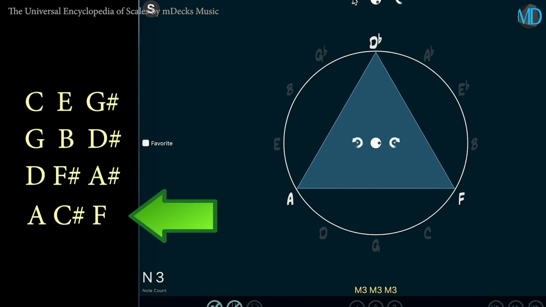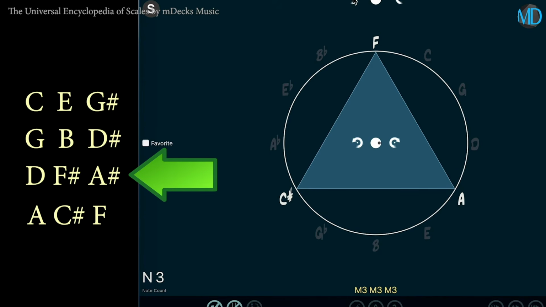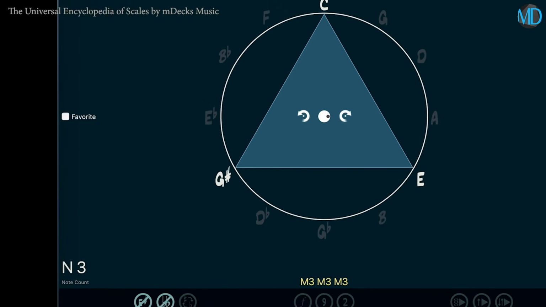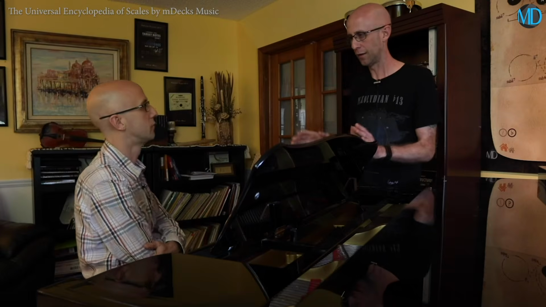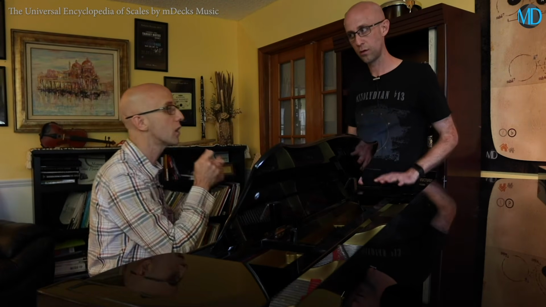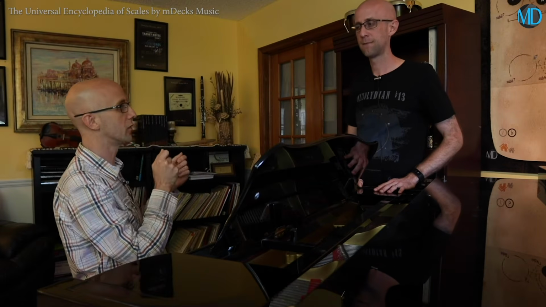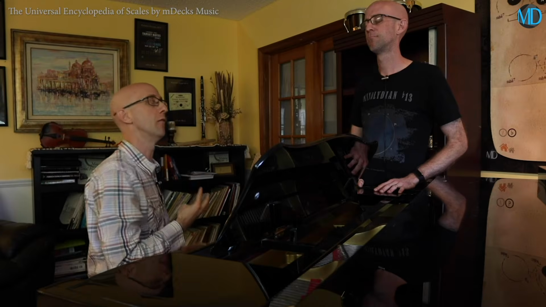And after we've gone through all keys, we only get 4 different sets. We can say that the augmented triad only has 4 transpositions. Okay, but there are still 12 possible augmented triads, 1 for each note. Well, we can still talk about 12 different augmented triads, but actually we can only distinguish between 4 of them.